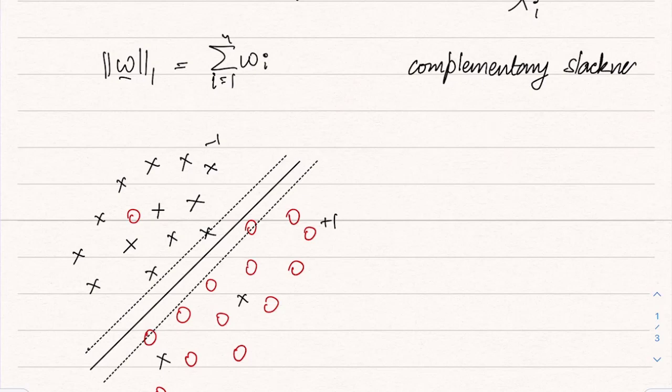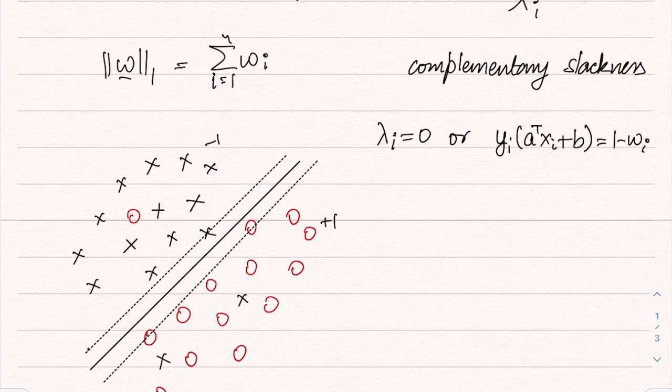So what does the complementary slackness condition say? It says that either lambda i is 0 or yi times (A transpose xi plus b) is equal to 1 minus wi. So there are two sets of points, one for which lambda i is equal to 0 and the other for which this equality holds.